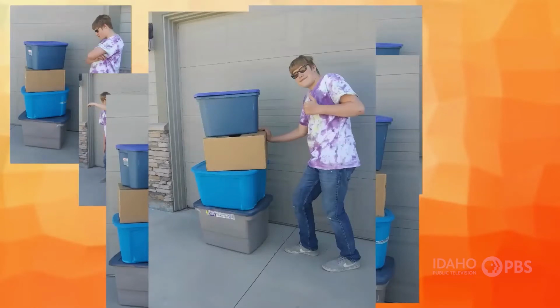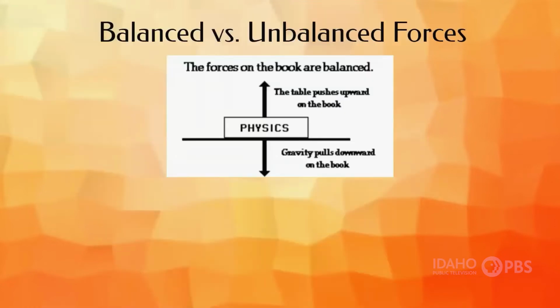So in order to move things, not only do we have to have force, but we actually have to have unbalanced forces. So let's go back to our force diagrams that we talked about last week. So here's a basic force diagram. Let me just walk you through this again. So here we have a basic picture, and it's supposed to represent a table and a physics book.